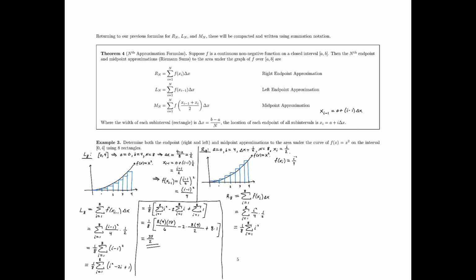And then we just have this power sum formula for the quadratic. So this would be 8 times 9 times 17 all over 6. Which is 51 halves.